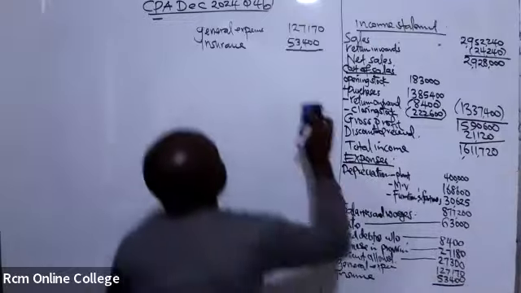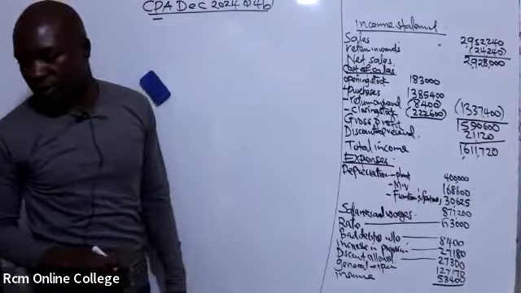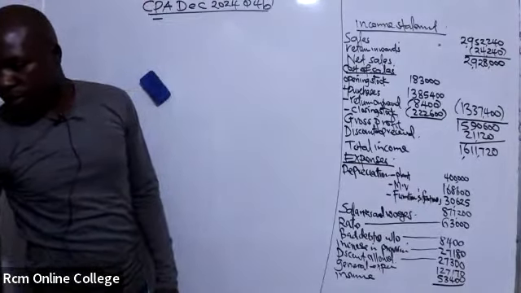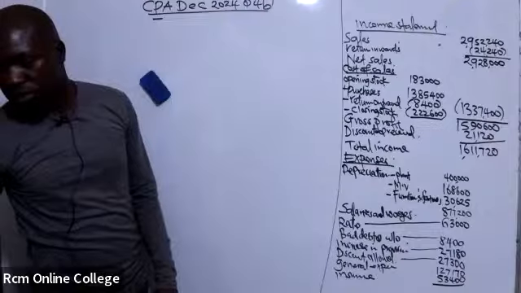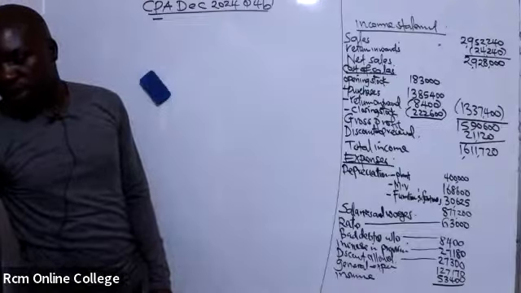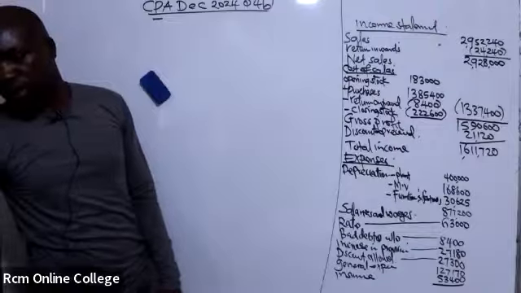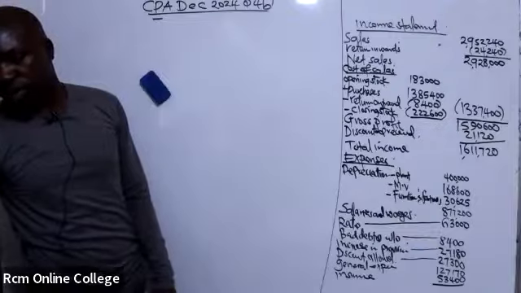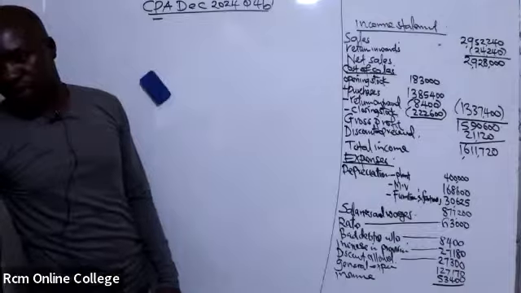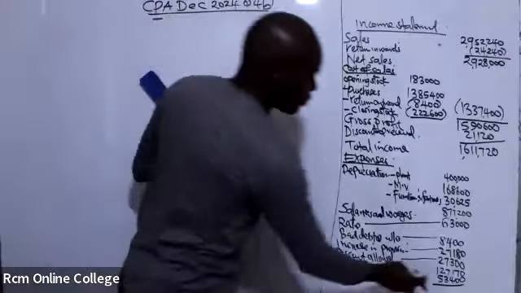What are we getting? All expenses. Somebody should be adding them. 400,168,600, 3,625, 877,200, 63,000, 400, 27,180, 27,300, 127,170, 53,400. So what are we getting in total?